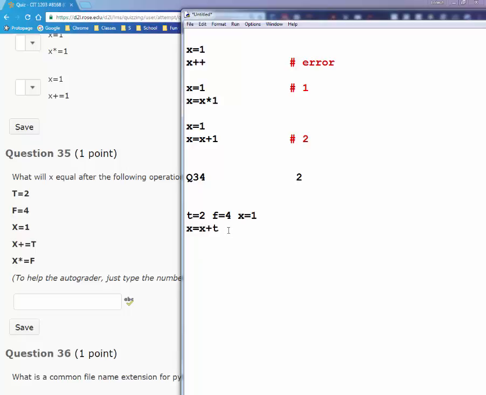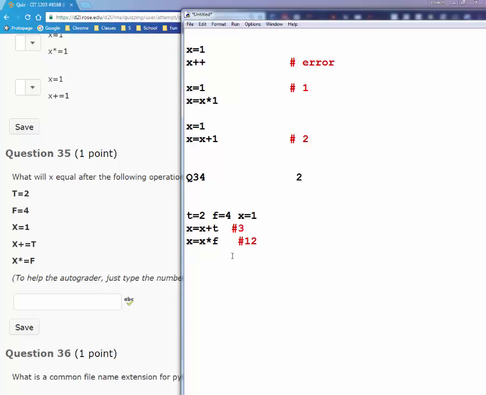So that means that X is equal to 3 at this point. Now we have this line, X multiplied equals F. X times equals F could be rewritten as X equals X times F. Well, at this point, X equals 3, and we're going to multiply by 4. So by the time we're all done, it equals 12.